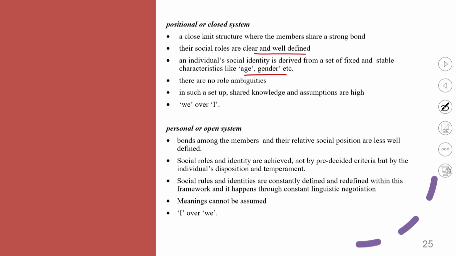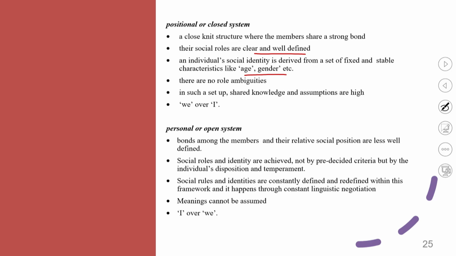Even families and close friends can qualify as a closed structure. There is a lot of shared understanding among the members of such a group, so you do not need to be very explicit when you speak, as a result of which sympathetic circularities will be used more. It is not because they cannot, but because they do not need to be explicit. That is how it is understood later.